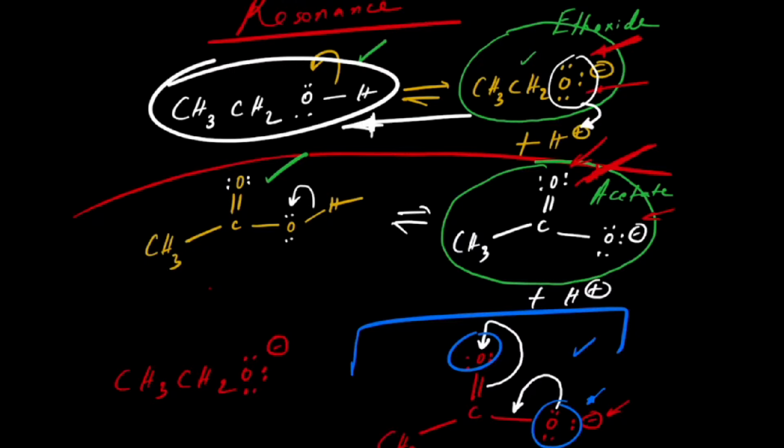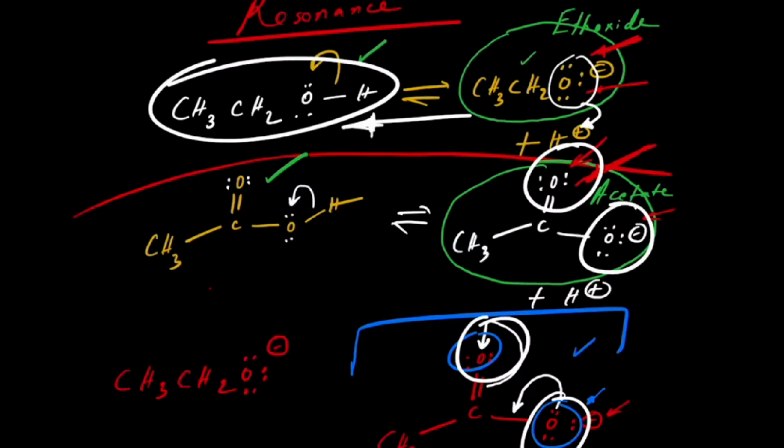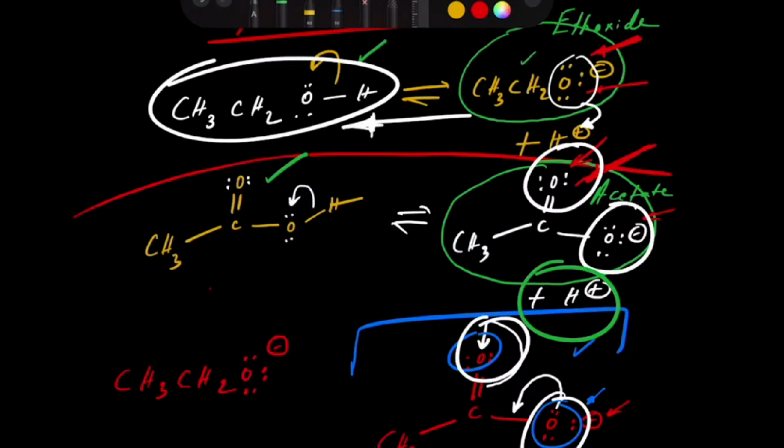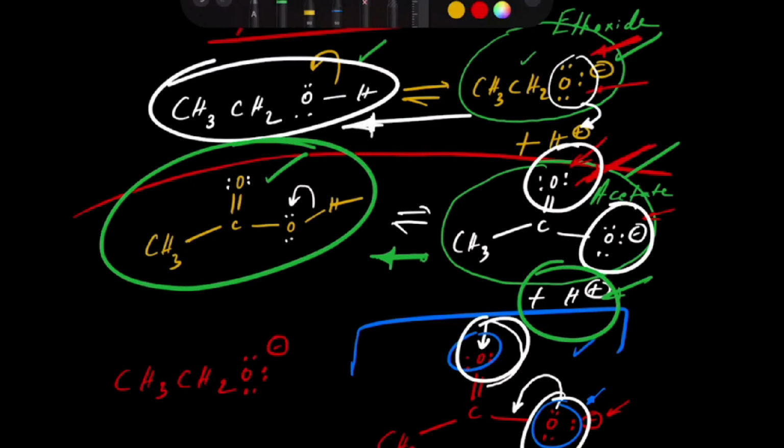But here, because the negative charge is distributed or diluted or delocalized, it will not react with H plus as much as ethoxide. That means it is comparatively more stable. If it is comparatively more stable, the reaction will not go backward that much. That's why I'm drawing a smaller arrow. That means this is more acidic. That means it will prefer to stay like this.